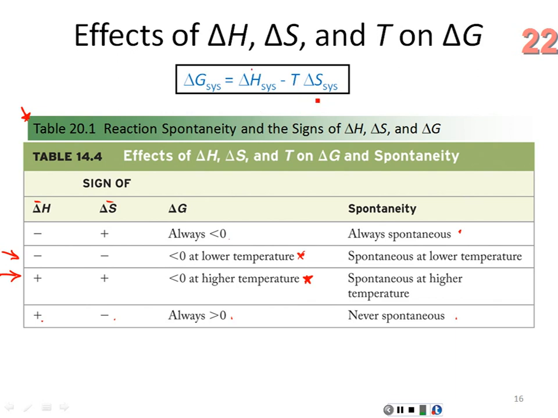So this table is important to remember, and you don't necessarily have to memorize it as long as you can use the equation for delta G and come up with these scenarios on a test.